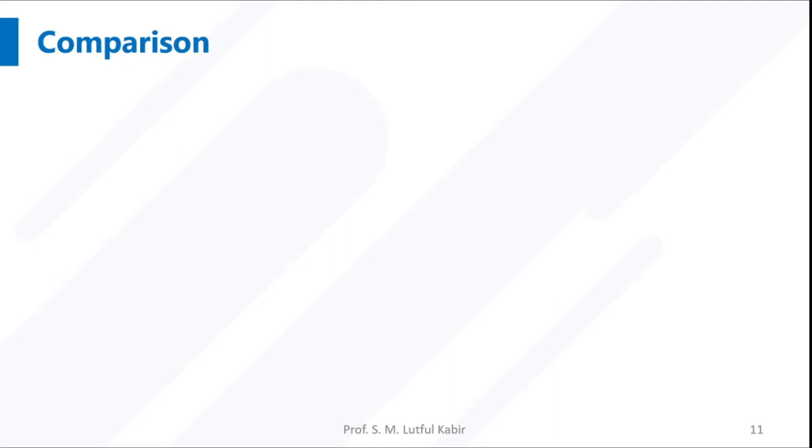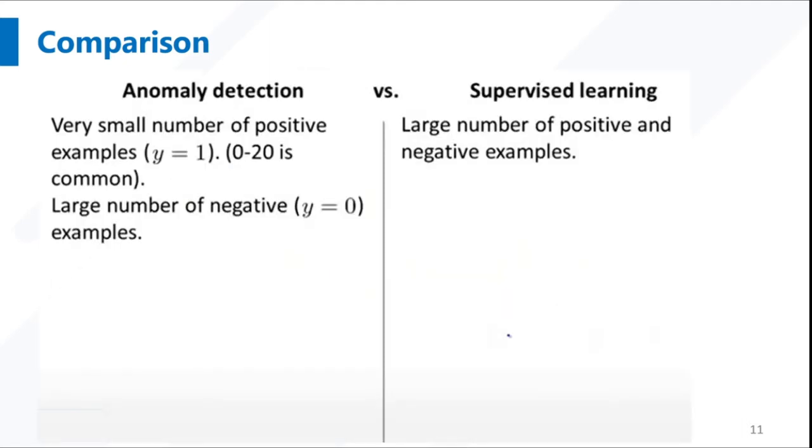So what is the actual application, or where should we use anomaly detection and where should we use supervised learning? Let us compare these two learning methods. First of all, anomaly detection has a very small number of positive examples, ranging from 0 to 20, with y equal to 1.